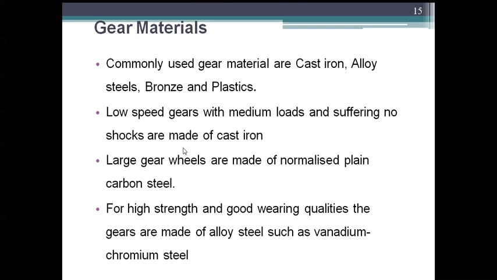Wear resistance is high, but it doesn't have impact strength, so it cannot be used in places with shocks. So the larger gear wheels are made of normalized plain carbon steel.